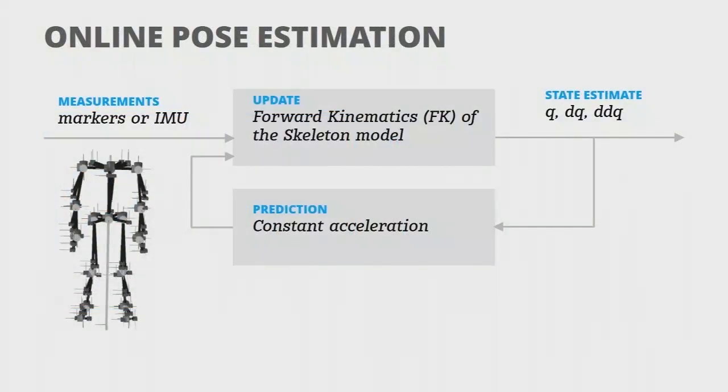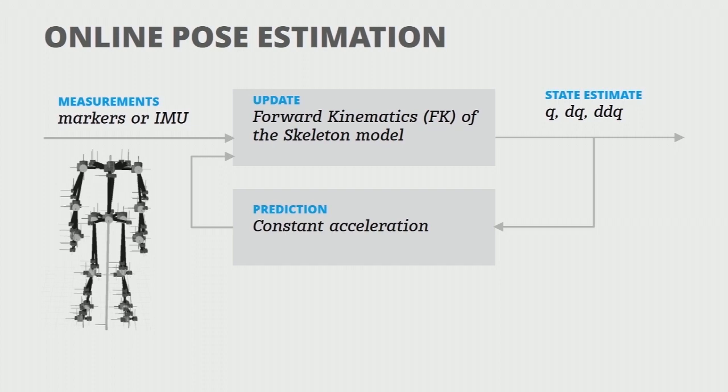And so we use a filtering framework. Our objective is to estimate the joint angles of a skeletal model. So we want to estimate the joint position, q, the joint velocity, dq, and the joint acceleration, ddq. We integrate the skeletal model directly into our estimation framework.